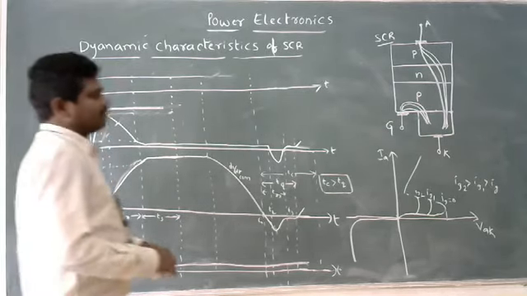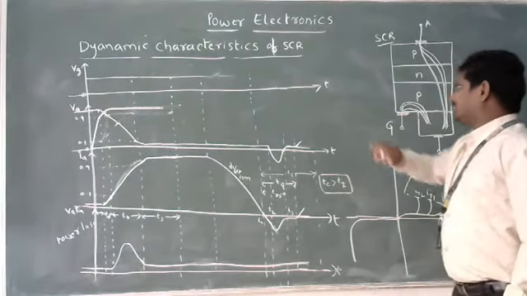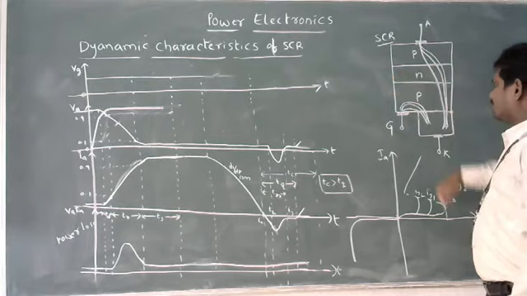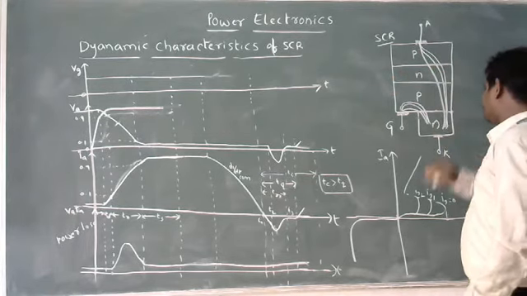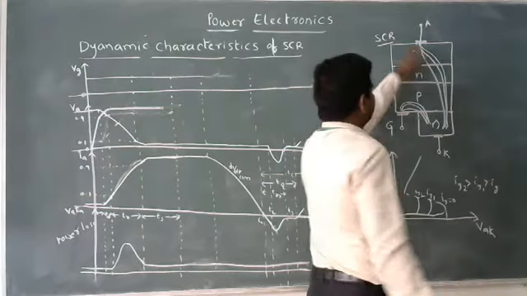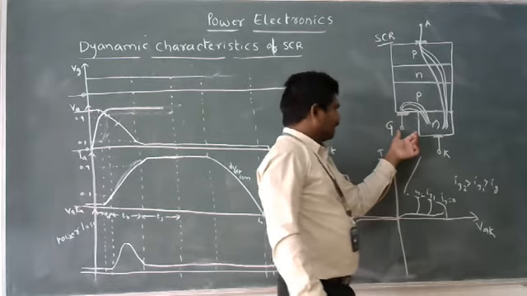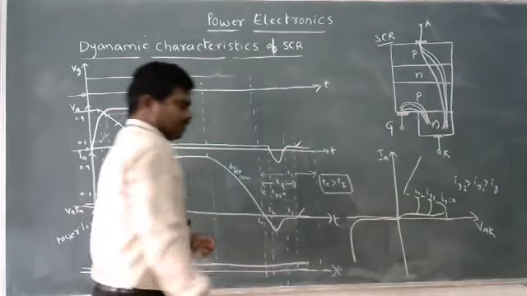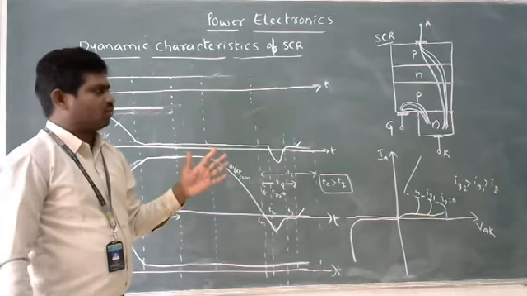Look at this. This is a simple diagram to explain the dynamic characteristics. They are taking the structure of SCR, PNPN. This is my anode terminal, this is my cathode terminal, and this is the gate terminal. Suppose when we apply the forward bias to the SCR, what will happen?